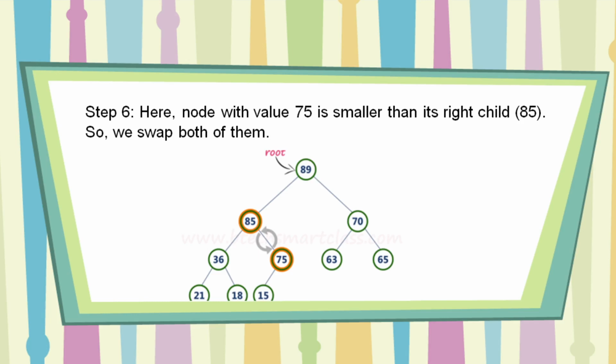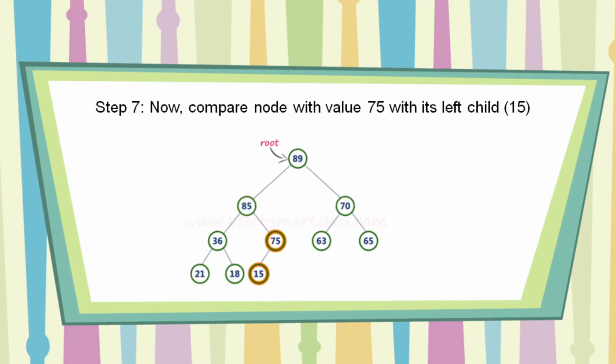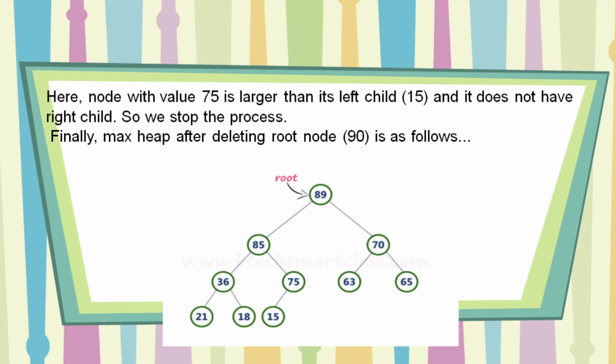Here the node with 75 is smaller than its right child, so we swap 85 and 75. Now compare the node with its left child 15. Here the node with value 75 is larger than its left child value, and it doesn't have a right child. So we stop the process.